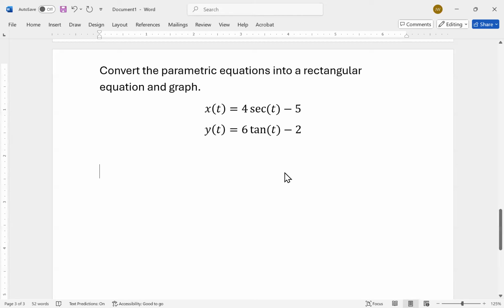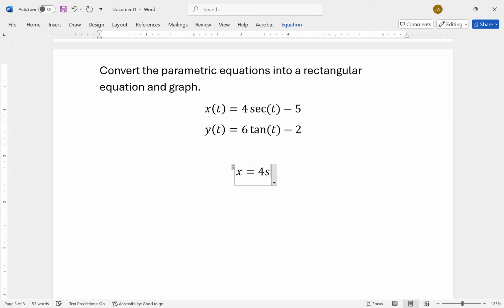Now, you probably correctly anticipate that because we're dealing with secants and tangents, we'll utilize the secant tangent Pythagorean identity. And so we'll solve for secant in the x, and we'll solve for tangent in the y. Let's go ahead and do that first.